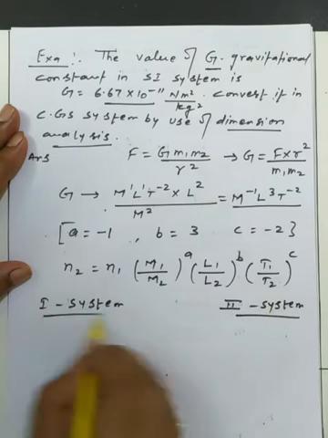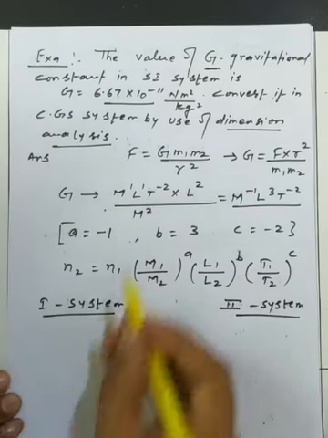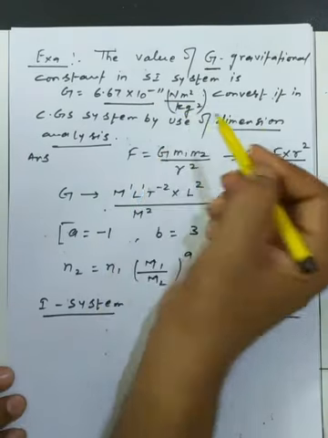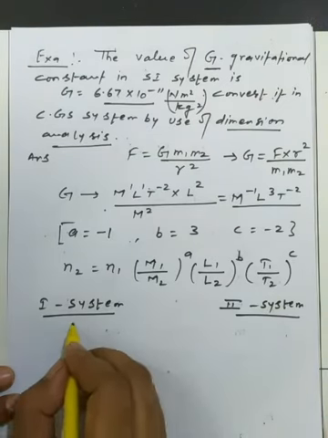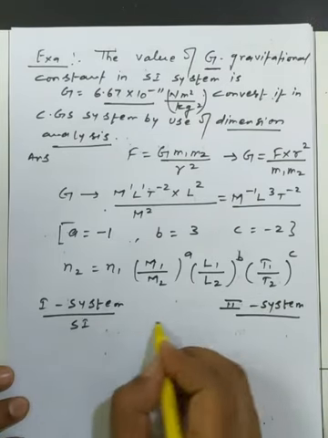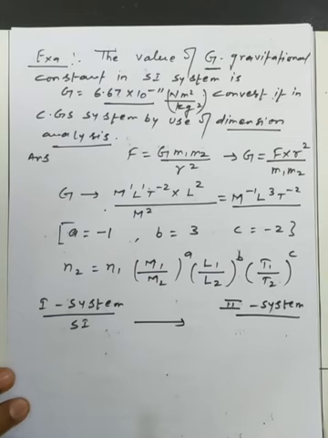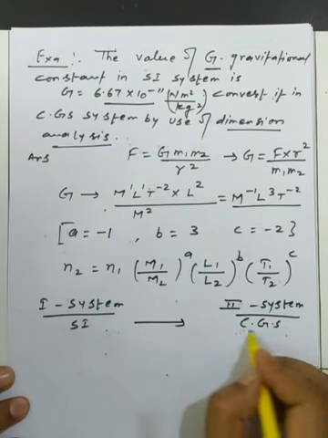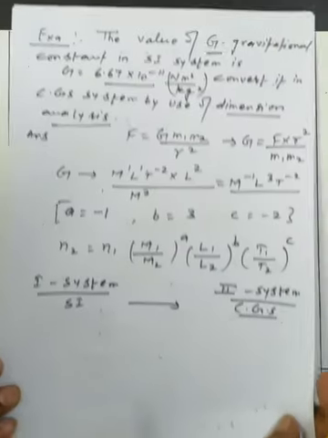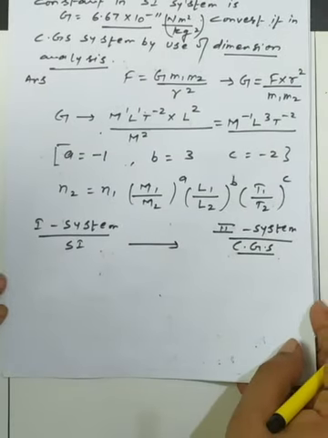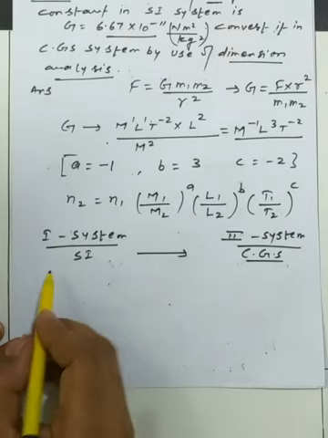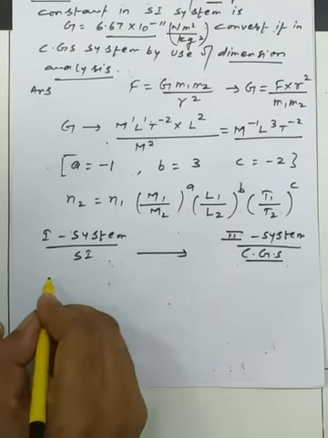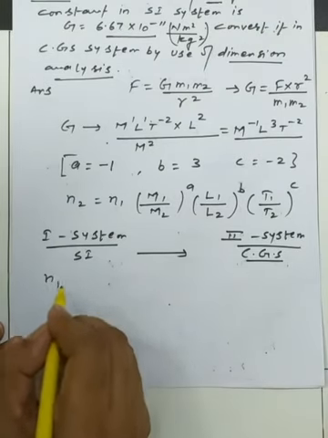Dear students, the first system is very easy to know, it is the SI system. And the conversion is from SI into CGS, because it is written in the question. So we know the meaning of mass, length and time in the respective systems.